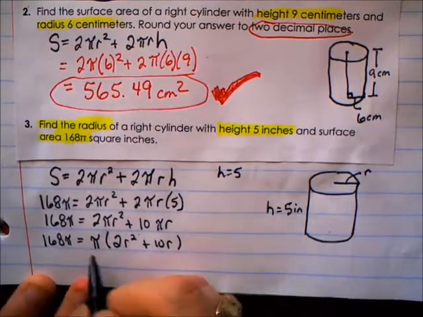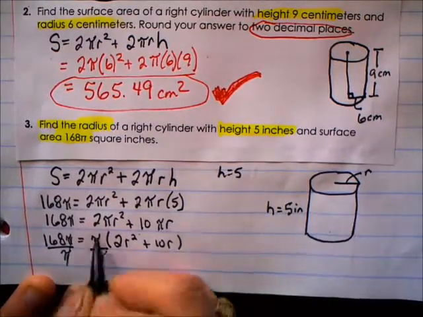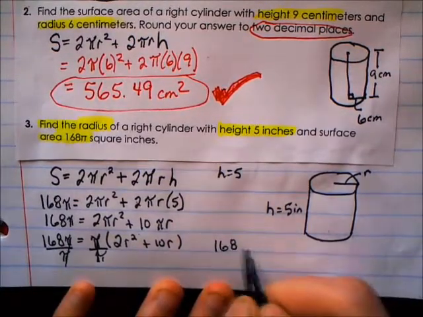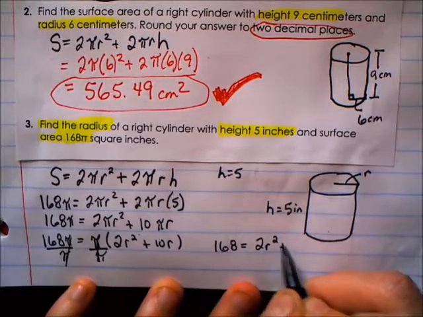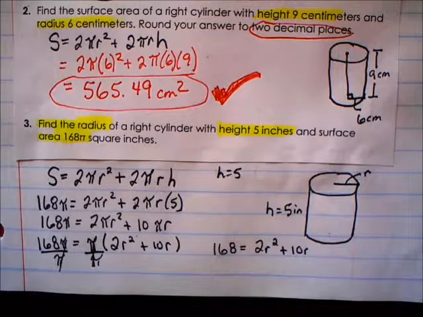And when I have pulled it out, I can then divide by pi and divide by pi, and those are gone, so that I just have 168 equals 2r squared plus 10r.